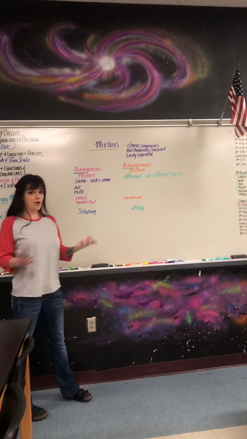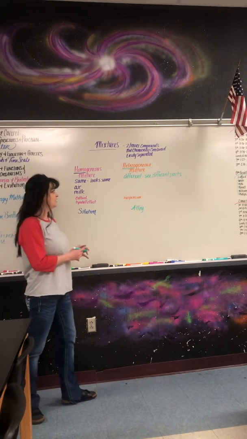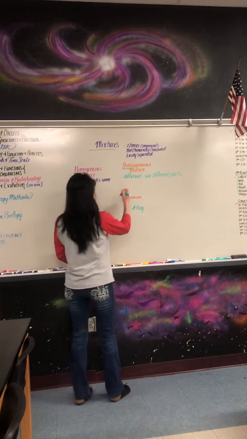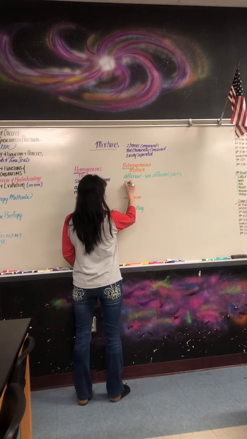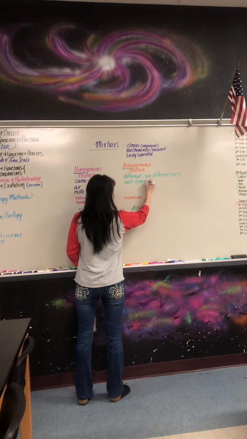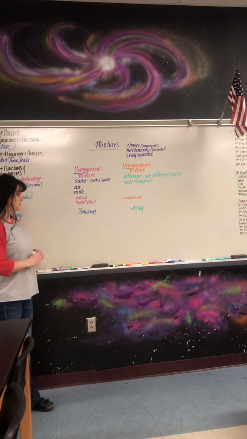If you mix salt and pepper together, you can see the salt, you can see the pepper. You can clearly distinguish the different parts of it. That would be a good example of a heterogeneous mixture.